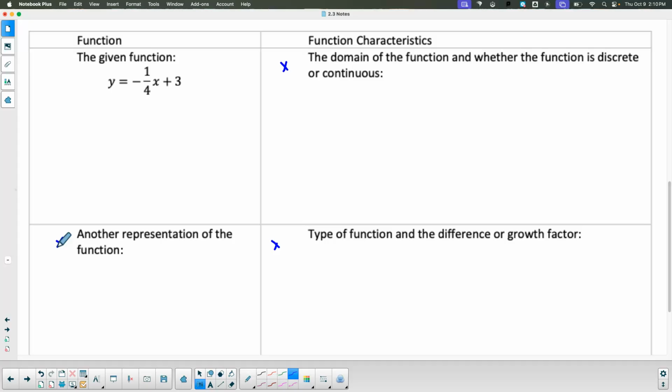So for instance, on this particular one, it tells me that the given function is -1/4 plus 3.